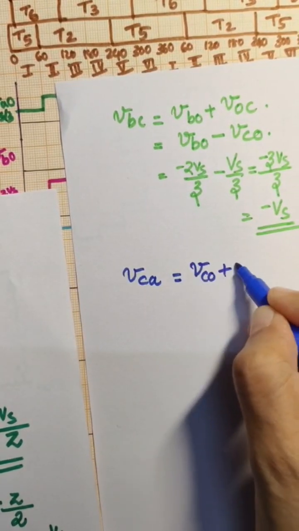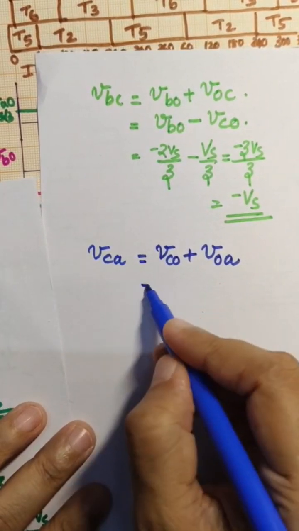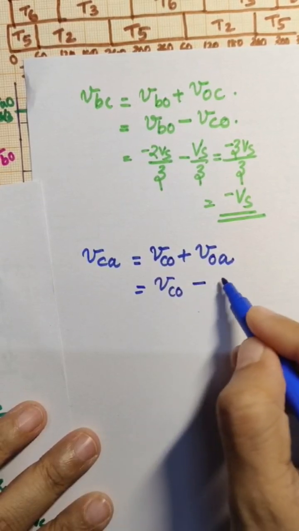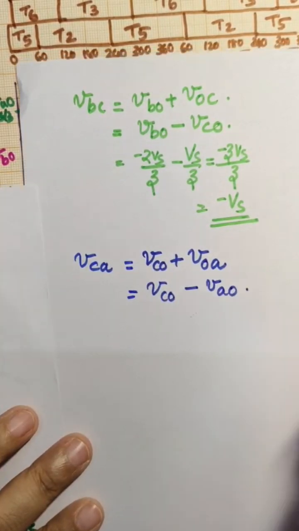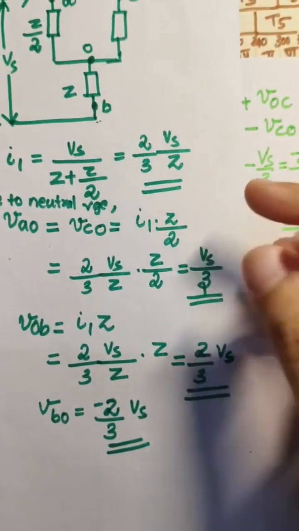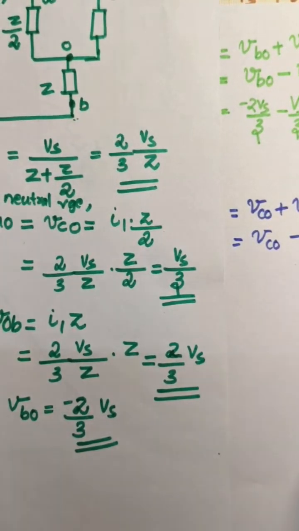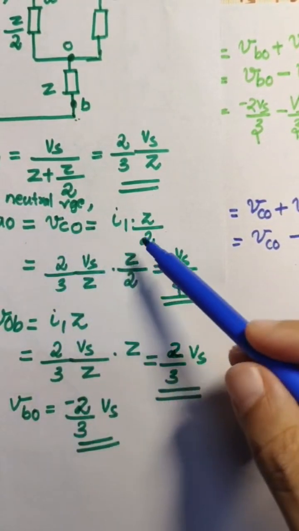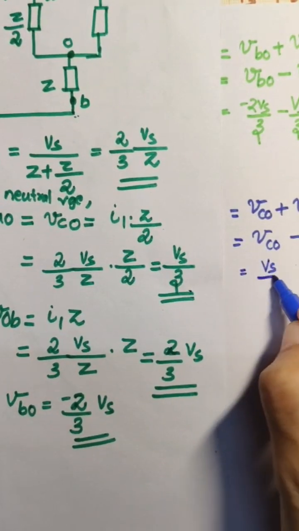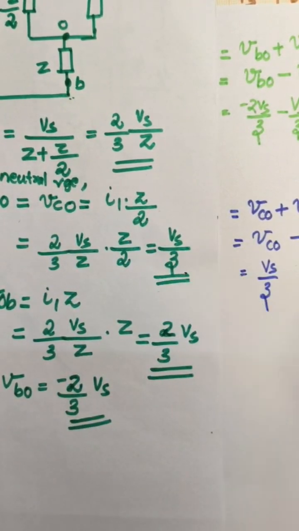This can be written as VCO minus VAO. From the calculations, we got VCO equal to Vs by 3, and VAO we obtained as again Vs by 3.